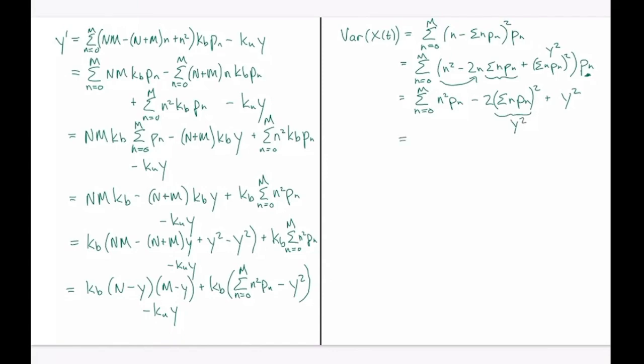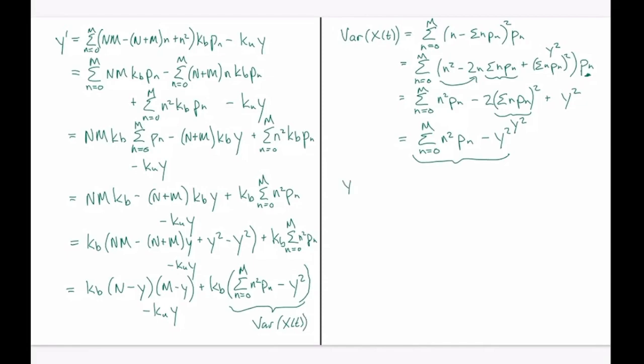So what I'm left with is the sum from n equals 0 to m of n squared Pn. I'm subtracting 2 y squareds and adding 1, so that's just minus y squared. So this expression is exactly what we had here, and that's just the variance of the stochastic process.